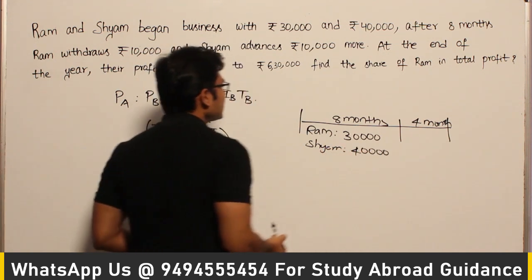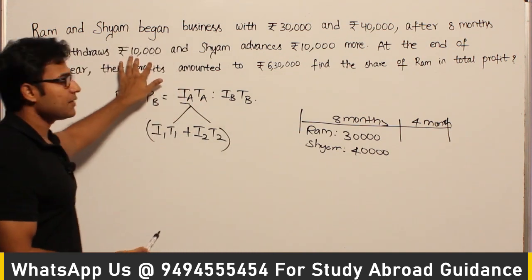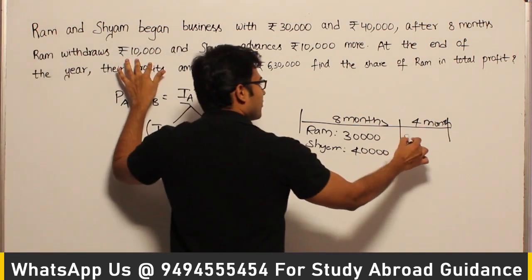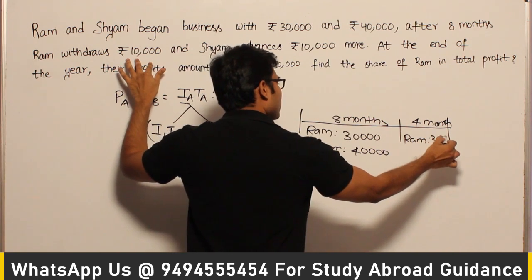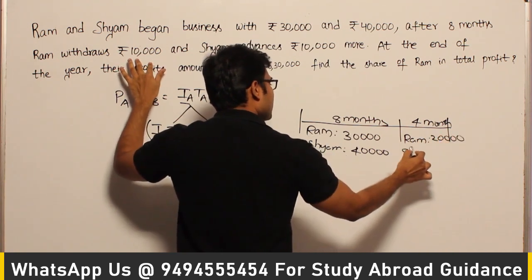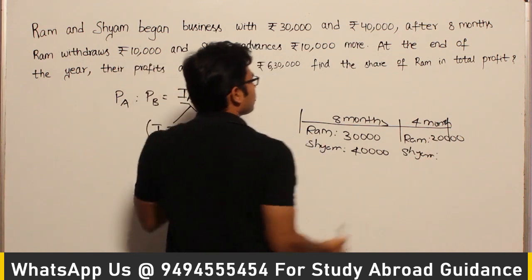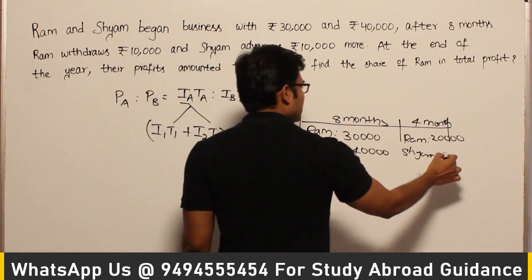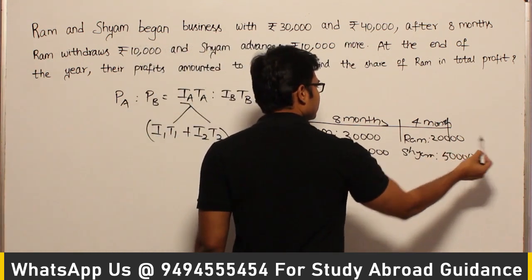And for the next 4 months Ram has withdrawn 10,000, which means Ram is now having 20,000 investment and Shyam has invested 10,000 more, so which means he got 50,000.